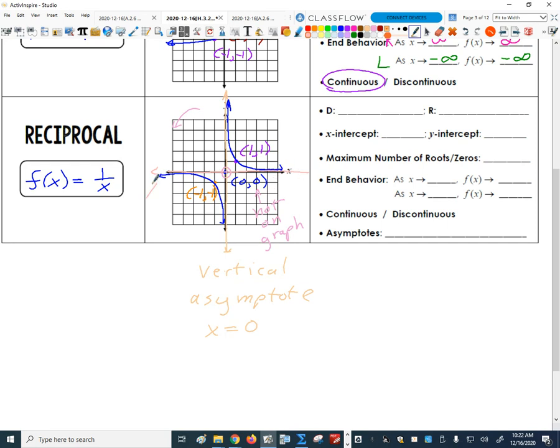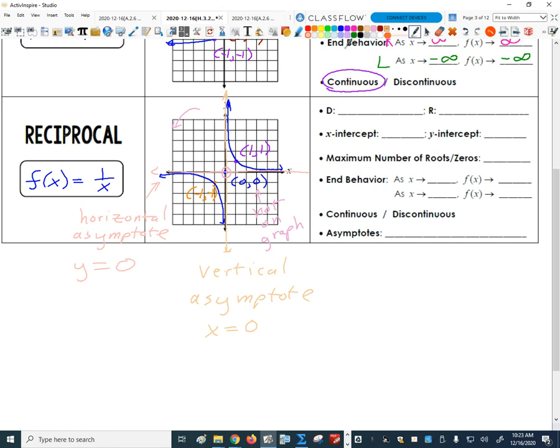So there's my horizontal asymptote. And that's the line y equals 0. It's the x-axis. Okay? All right, so this is a little trickier one.